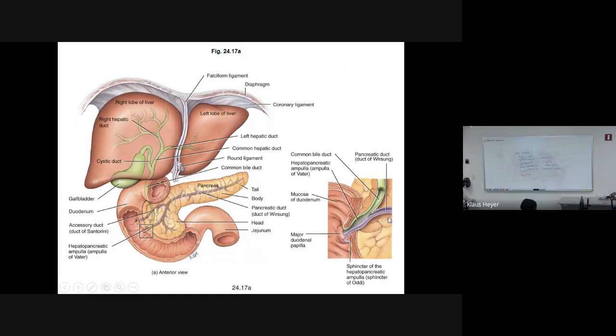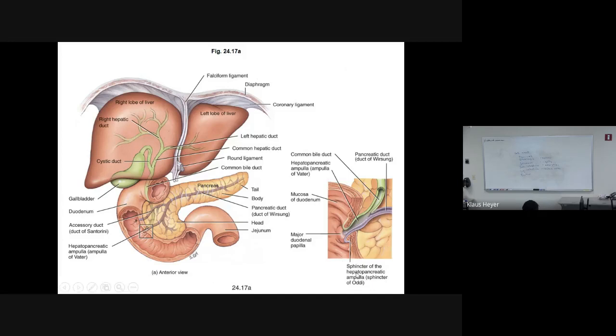So this duct here is coming from the pancreas, and this is the common bile duct coming from the liver and gallbladder. There's muscle right here, and there's muscle right here. So you notice, if you can see it, it says there's a sphincter. A sphincter we know is a ring of muscles, and then we have this word hepatopancreatic ampulla.